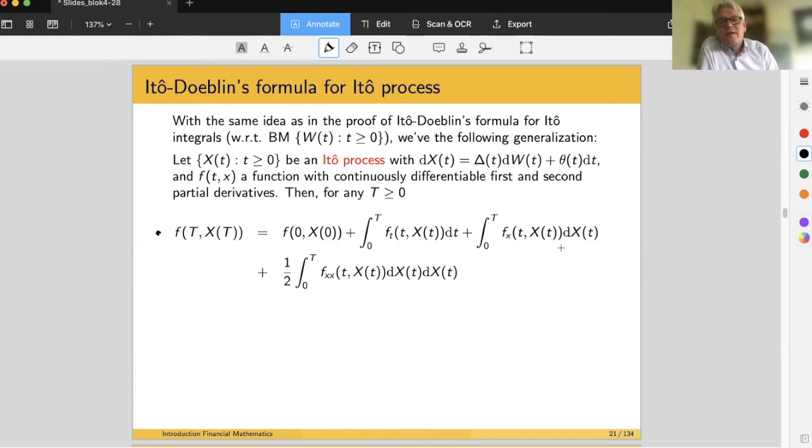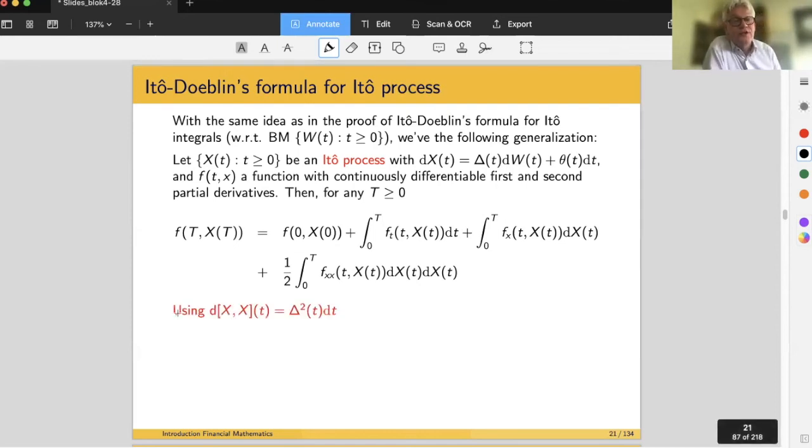So we are encountering dx t here, dx t dx t here. And of course, for those we can use the substitution of the differential form, dx t equal to delta t dW t plus theta t dt. So let's do that.